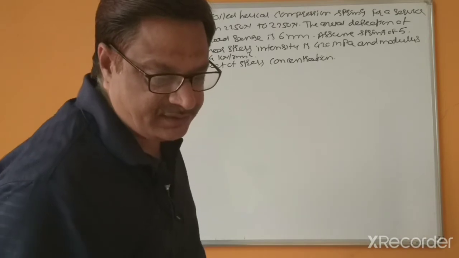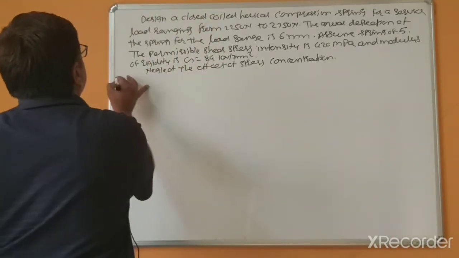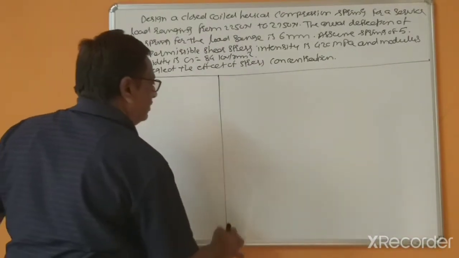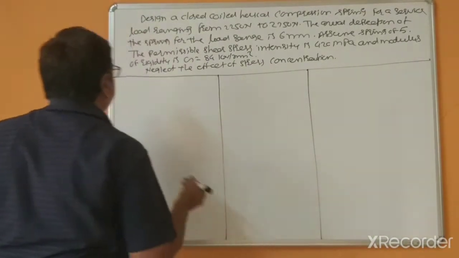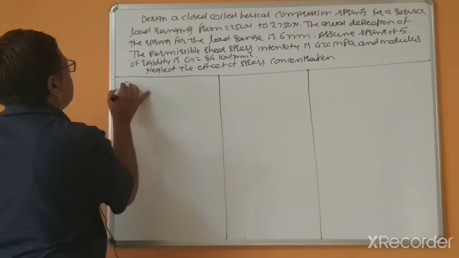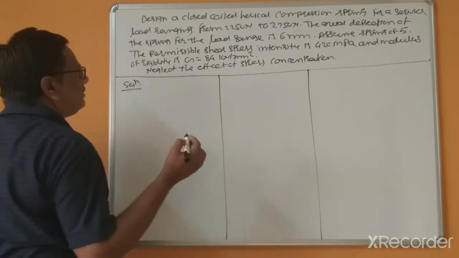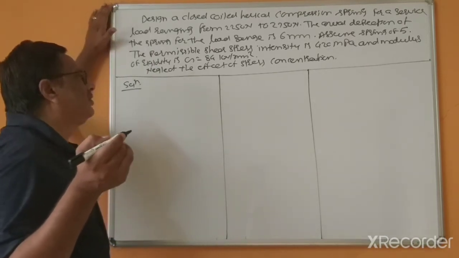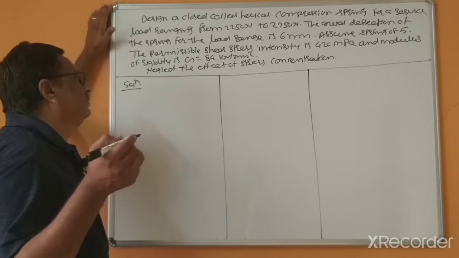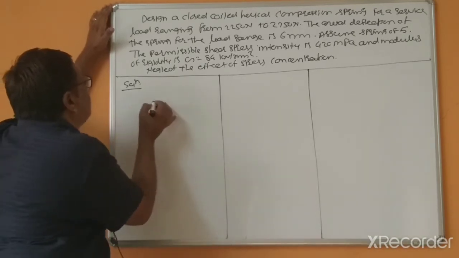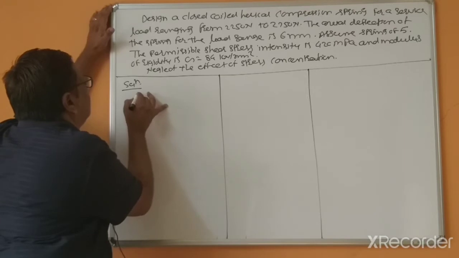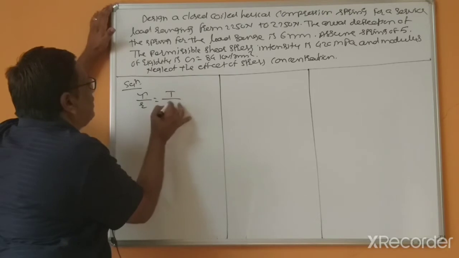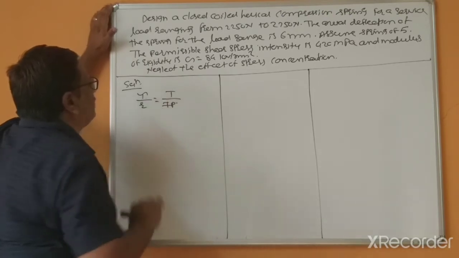So that's why I will consider here the basic equations. Otherwise you can use the solution by using the formula considering only the torsional shear stress. Tau divided by r is equal to T divided by J, the polar moment of inertia.